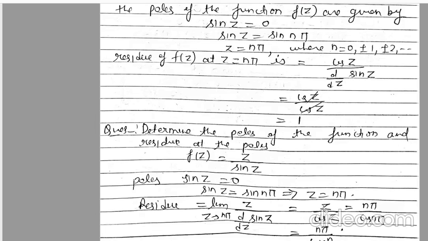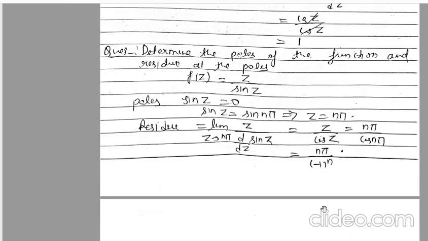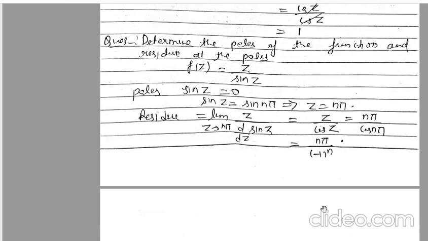Now there is another example. Determine the poles of the function and residue at the poles, f(z) is equal to z upon sin z, right? So first we need to calculate sin z is equal to 0, meaning we have to calculate the poles. So sin z is equal to 0, then sin z is equal to sin n pi, and z is equal to n pi here.